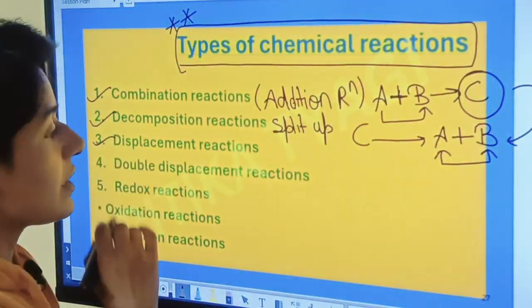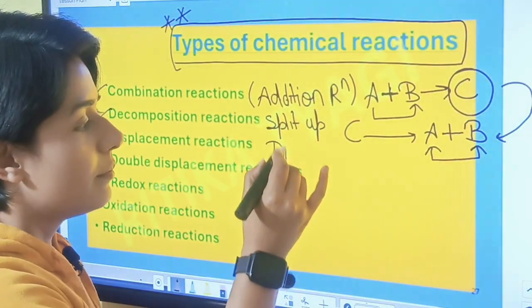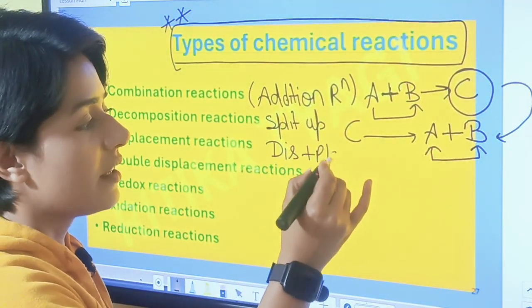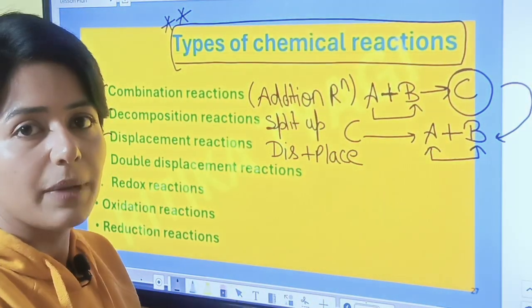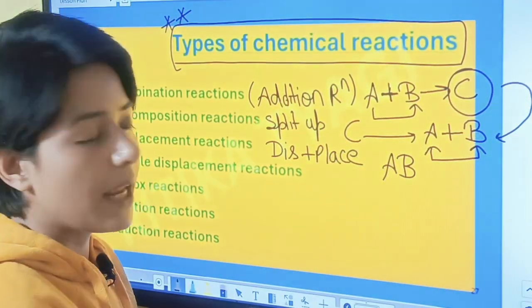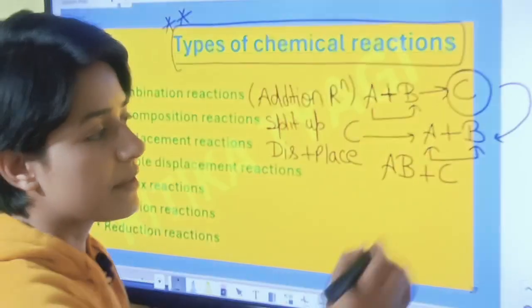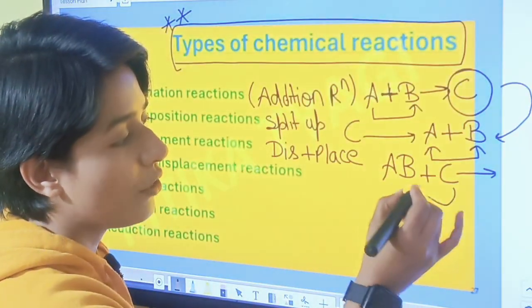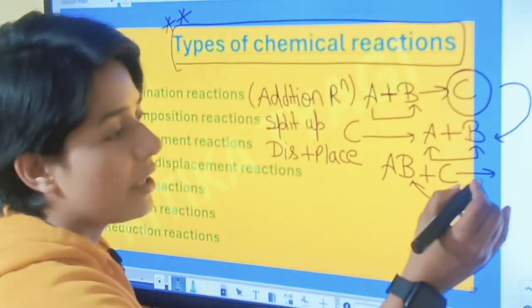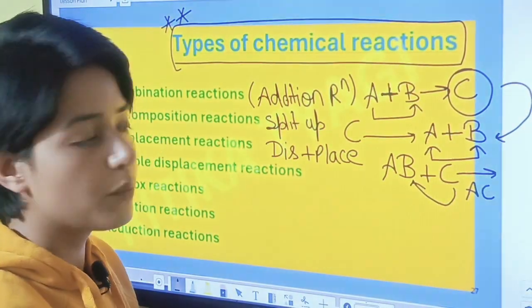Next, displacement reaction. As the name suggests, dis plus place: any change in place of an atom. Let us take AB as a solution. Here C is present. Let C be more reactive than B. So it displaces B from A and takes its position.